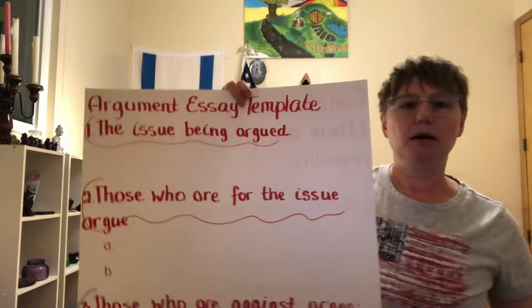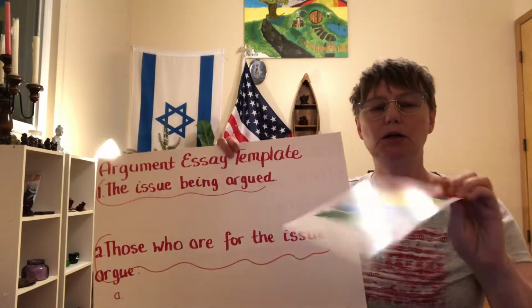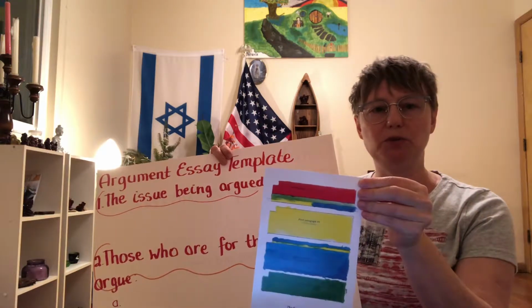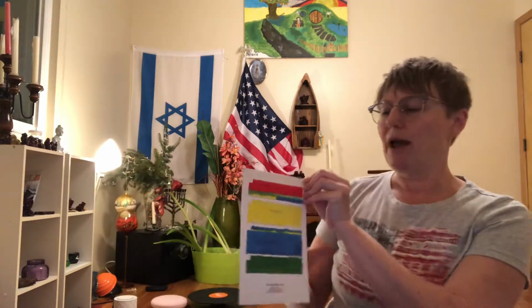This is the color-coded structure of the argumentative writing that you're going to be using. The red means the introduction. The yellow means proof 1, paragraph 1.